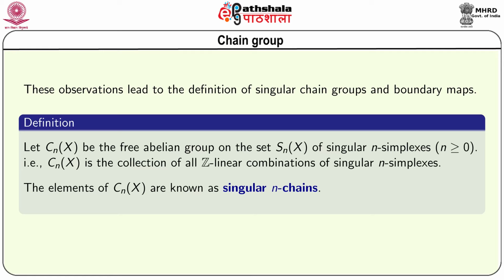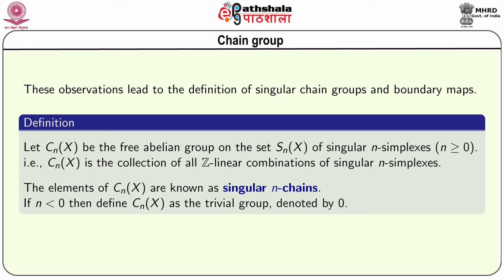That means Cn(X) is the collection of all Z-linear combinations of singular n-simplexes. The elements of Cn(X) are called singular n-chains. Now, if we take n to be less than 0, then we define Cn(X) as the trivial group denoted by 0.